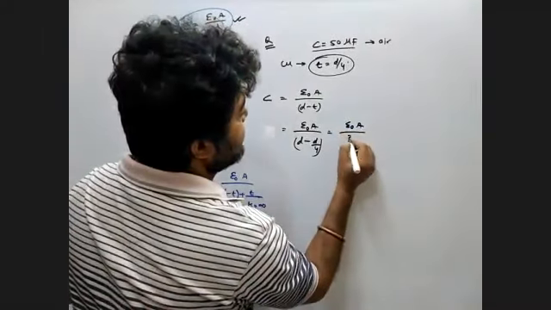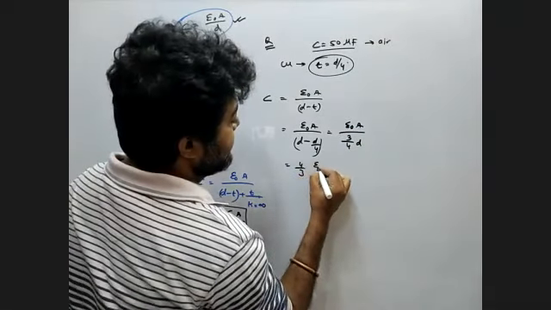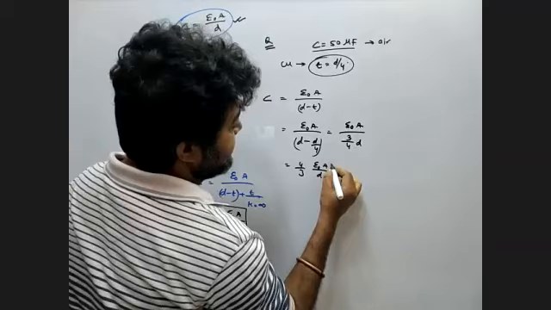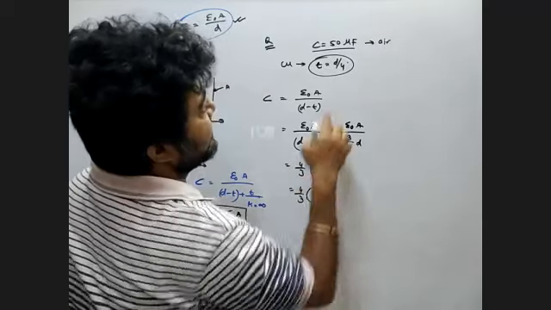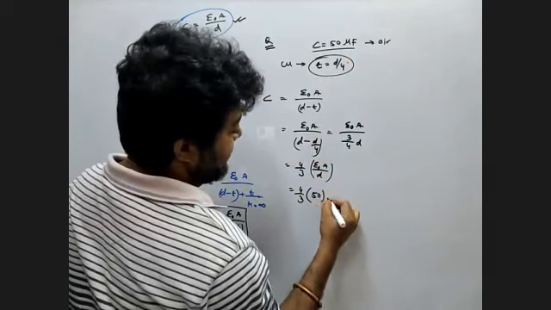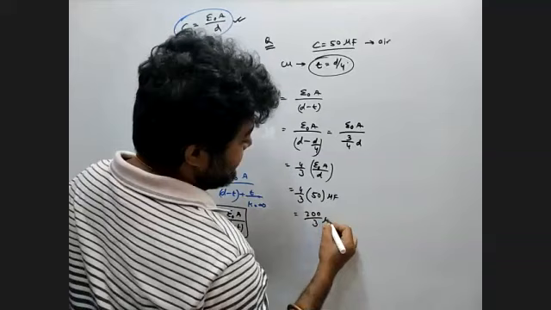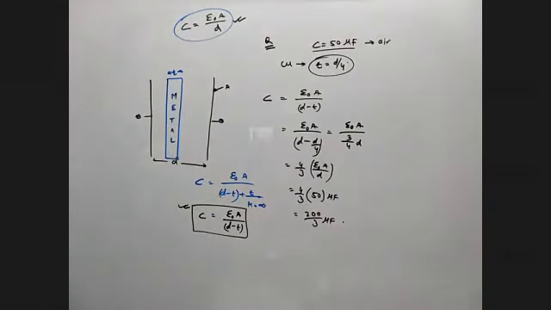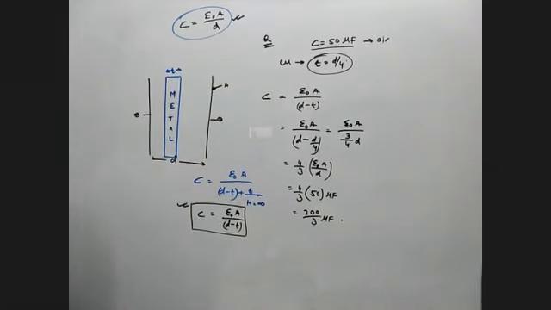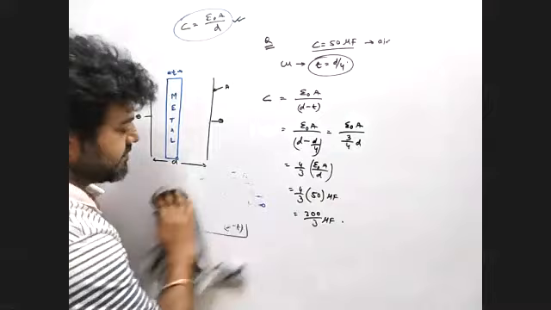Epsilon naught A by 3 by 4 D. So 4 by 3 epsilon naught A by D. Now epsilon naught A by D is 50 microfarad, so you have 200 by 3 microfarad. Done, everyone? Is it okay?